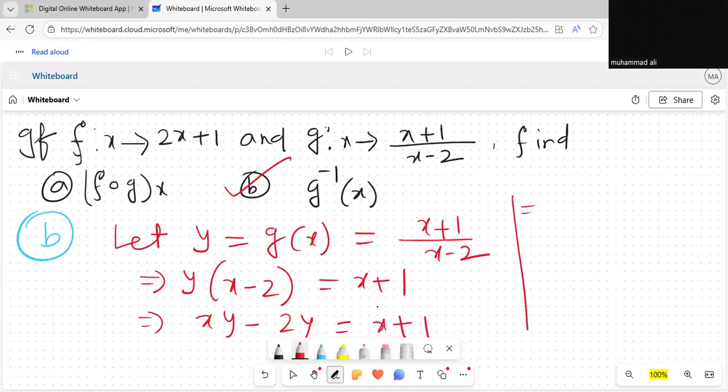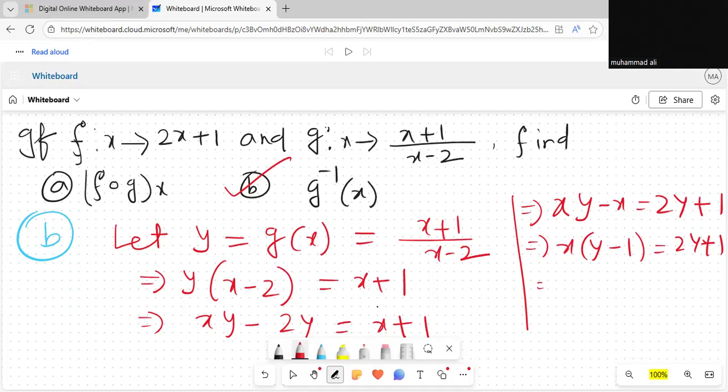So all the x-related terms we have to write on the left side. So x times (y minus 1) equals 2y plus 1. Now x equals (2y plus 1) divided by (y minus 1).